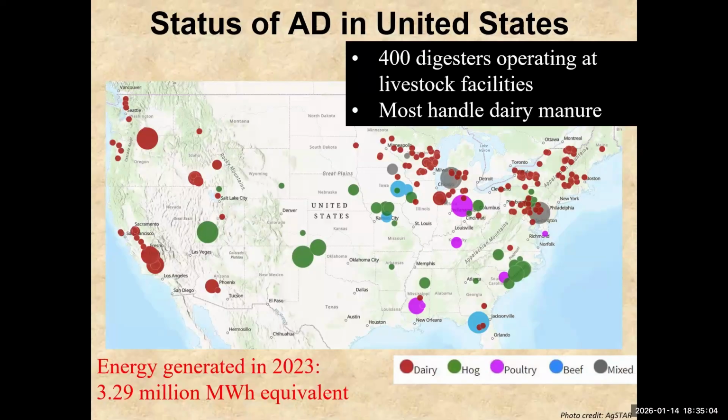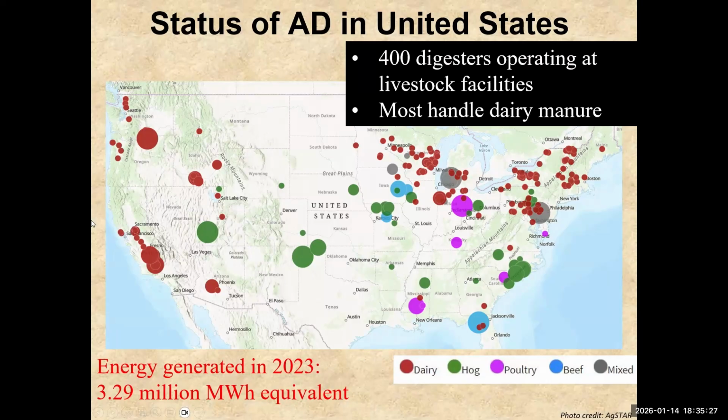The data you see here looks at anaerobic digestion technology as of June of 2024. At that time, there were 400 anaerobic digesters operating on livestock farms, with the majority of those digesters using dairy manure as their feedstock.